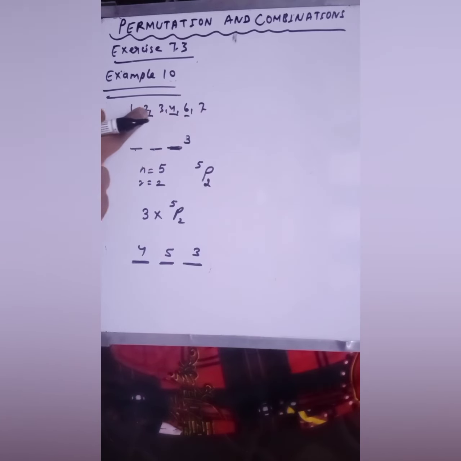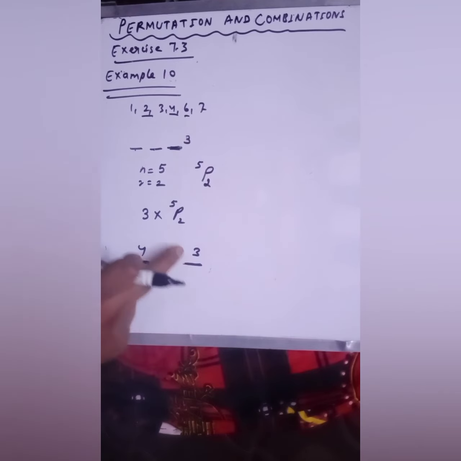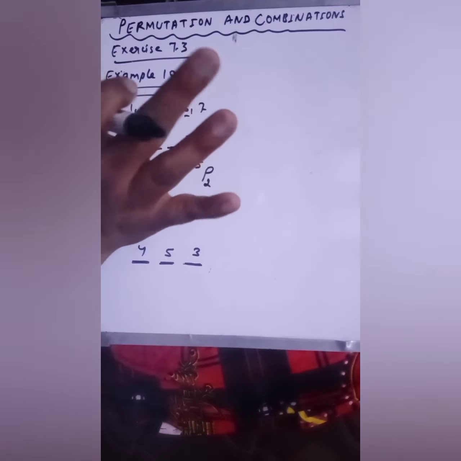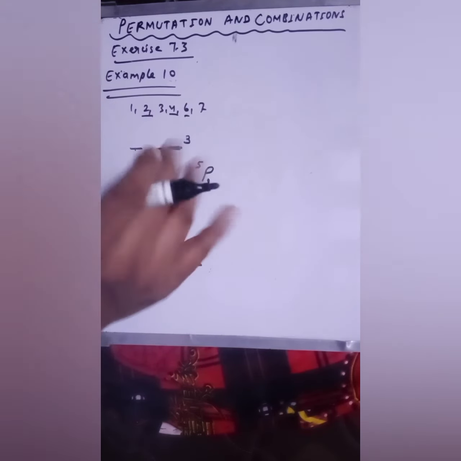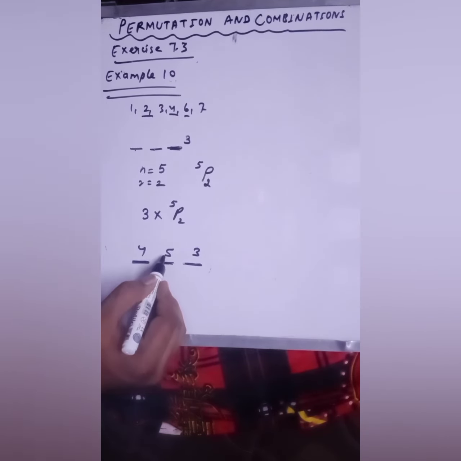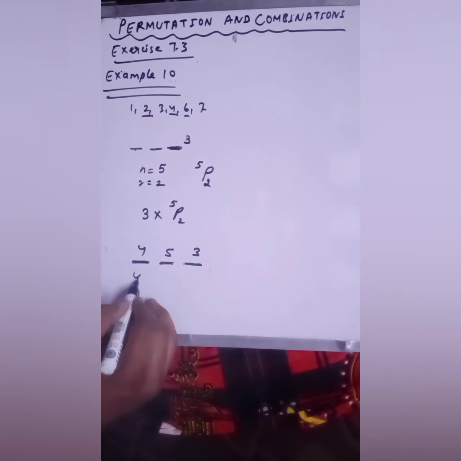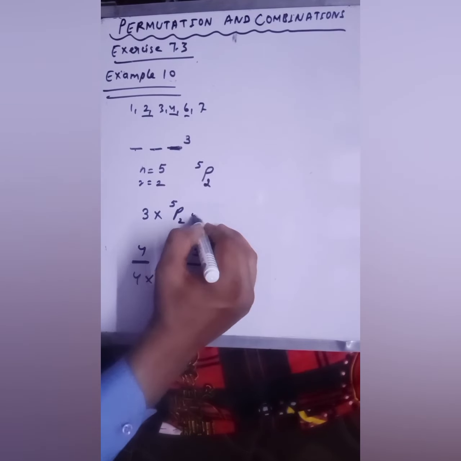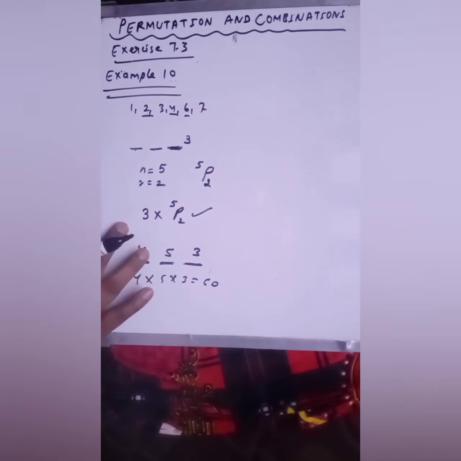To make an even number you have 3 choices at this place. Then one number is used here, the rest of the 5 numbers remain to arrange. So here 5, and again you have used one number, so here you have 4 choices. So your answer would be 4 into 5 into 3, that would be 60, and if you solve like this, you will get the same answer.